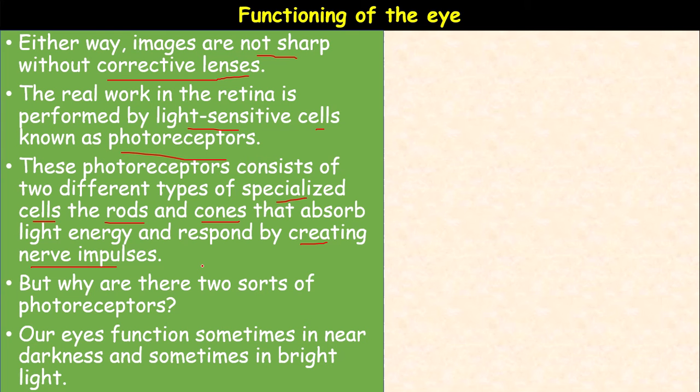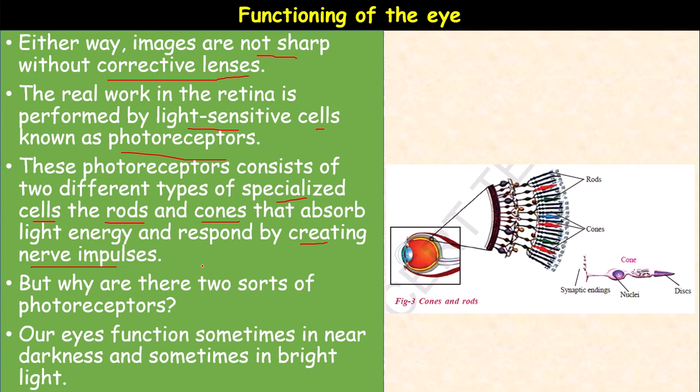So, that is why these two sorts of photoreceptors are present in the human eye. What are they? Rods and cones. These are together called photoreceptors.